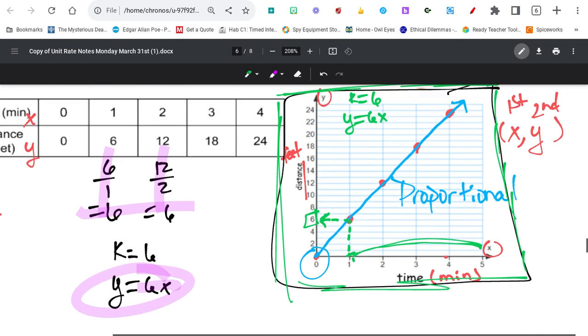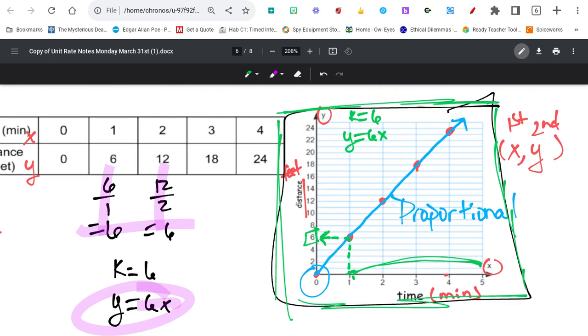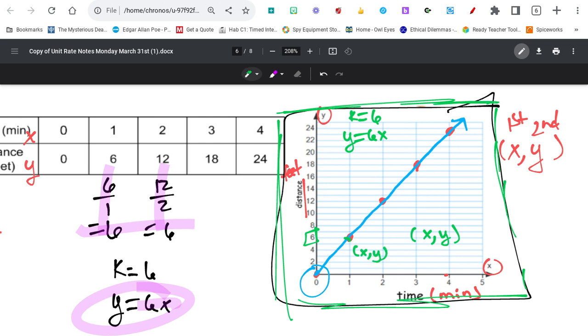All right, so another way you could have done it, go back up to this, is you could have just chosen a point. And I'm going to label these points. Every point consists of an x and a y. So this x was at 1, and that has a y of 6.